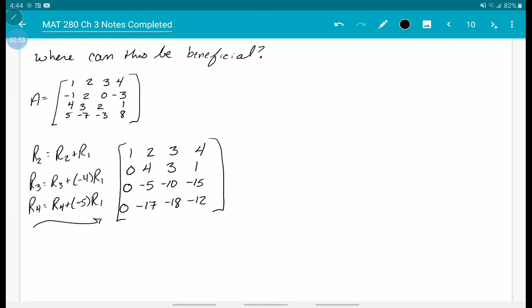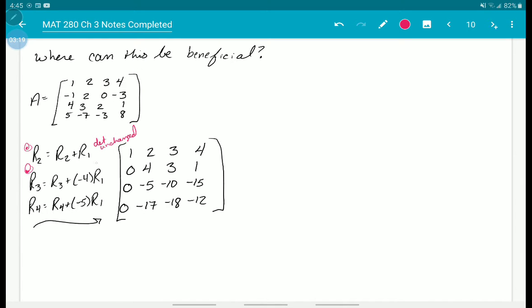So let's think about what happened from matrix A to this one. How did the determinant change? Well, if we look at that first row operation, it was replacing row 2 with row 2 plus a multiple of row 1. So the determinant's going to be unchanged from that row operation. Row 3 was replaced with row 3 plus a multiple of row 1.